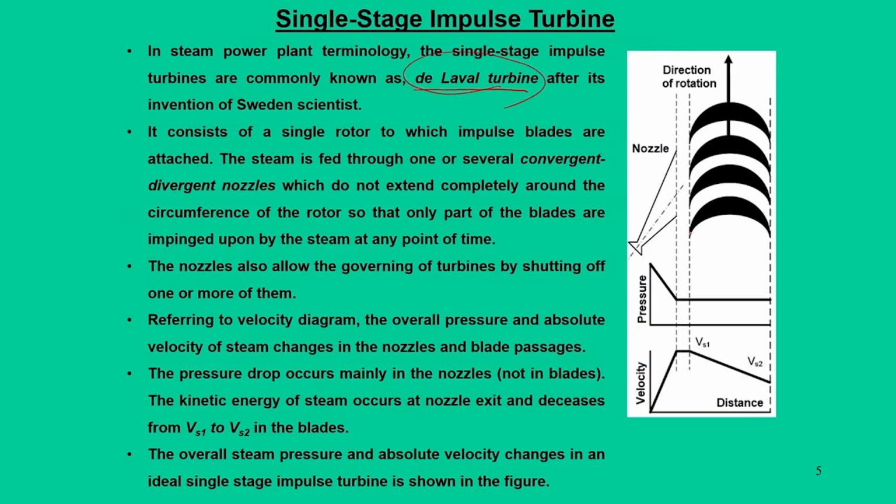If you look at this arrangement, these are the blades, a single stage array of blades, and the direction of rotation is in this direction. So, we have the blade velocity. Then we have a nozzle arranged in this manner.